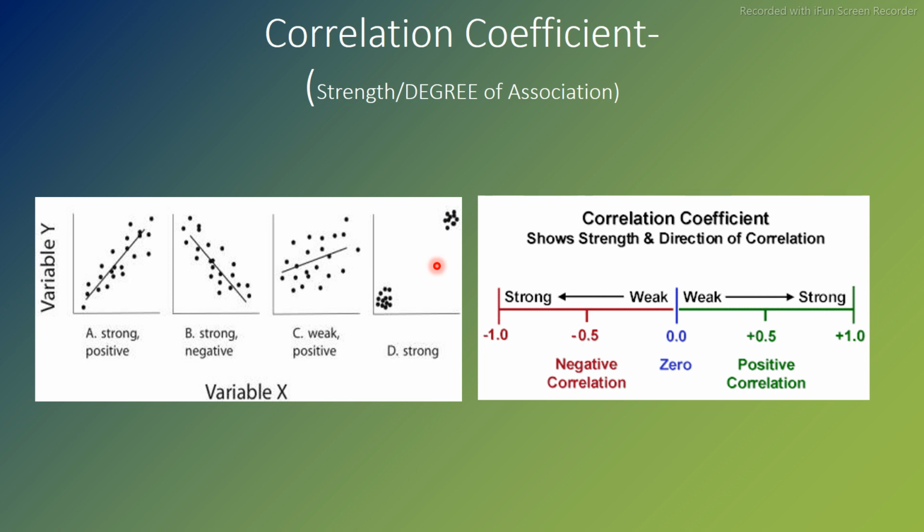Coming to correlation coefficients, as I already said, the coefficient is more important. If two variables have a coefficient of, let's say, more than 0.5, then you can say your two variables have a strong correlation.